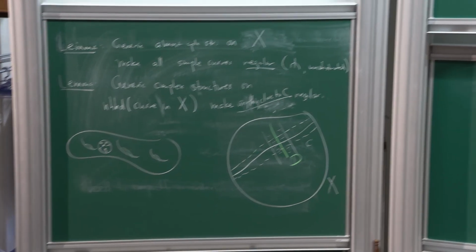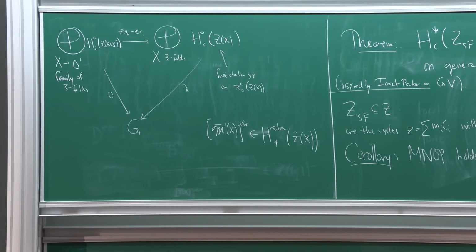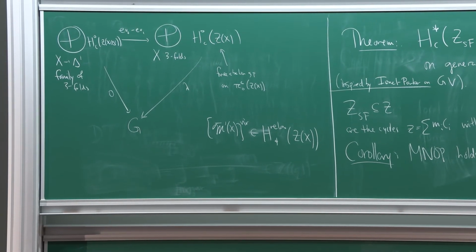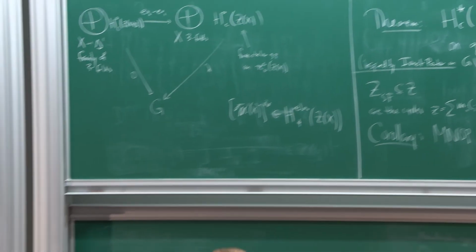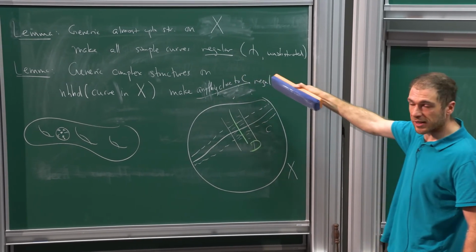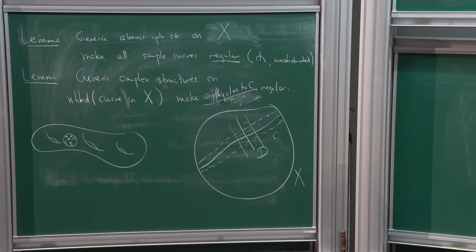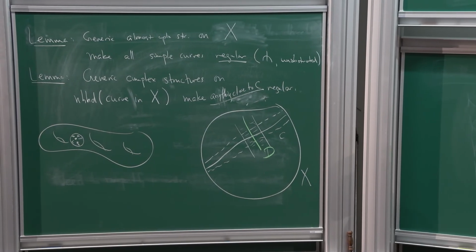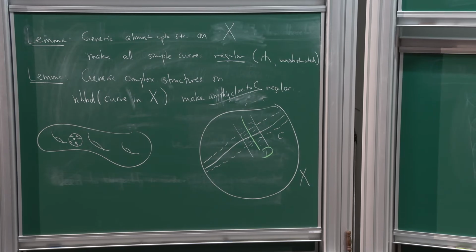They just needed one parameter families. They didn't need n parameter families. But we have to work with n parameter families, and the reason is exactly because this weaker version of transversality here only allows us to get regularity locally on the space of cycles. You can't get regularity for all the cycles at once, just a neighborhood of one particular cycle.